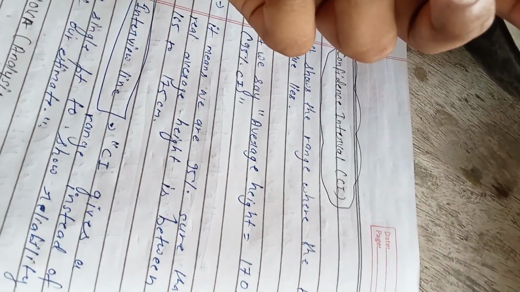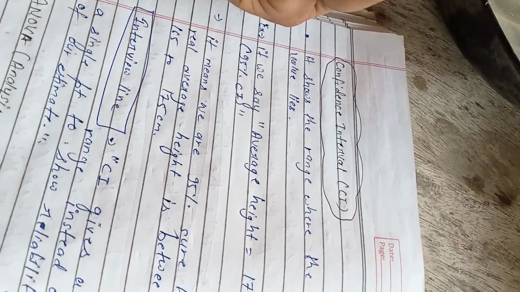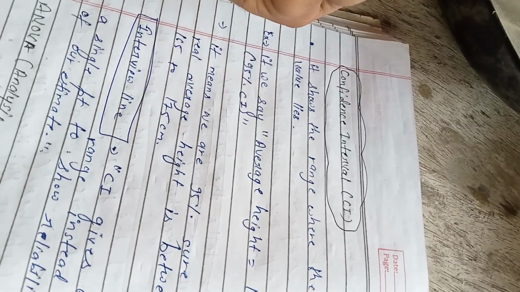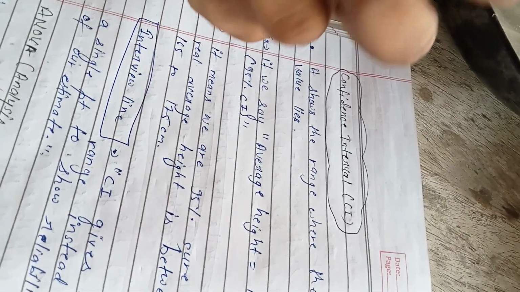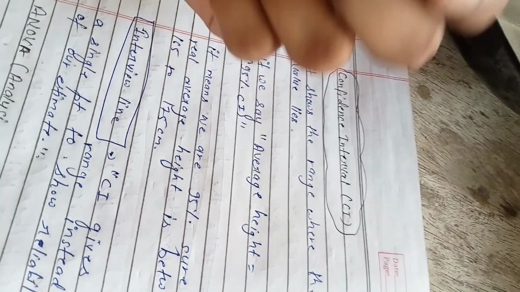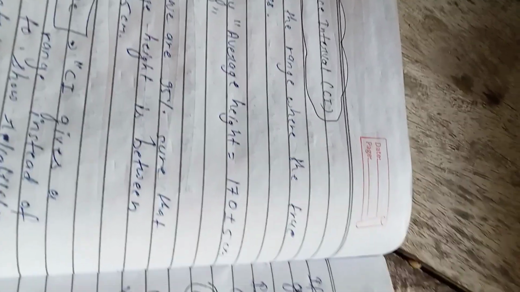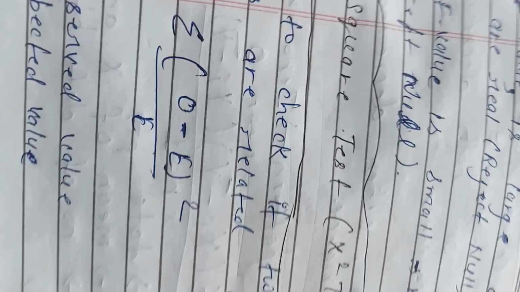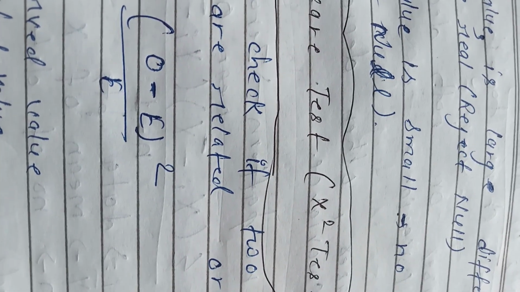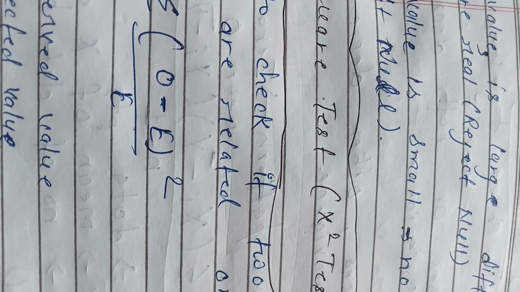Like if you are comparing three medicines A, B, C, ANOVA tells if at least one medicine works differently. Its formula is F equals variance between groups divided by variance within groups.